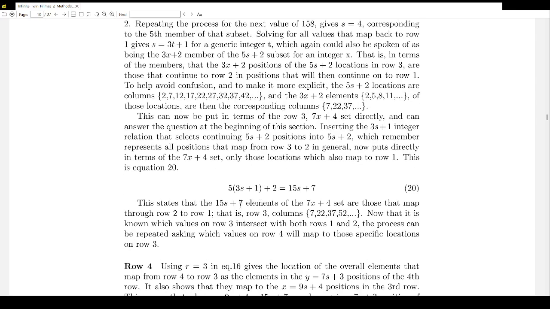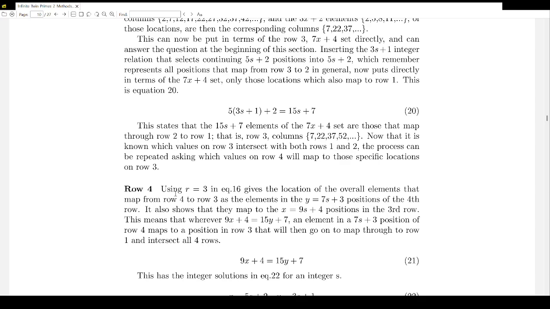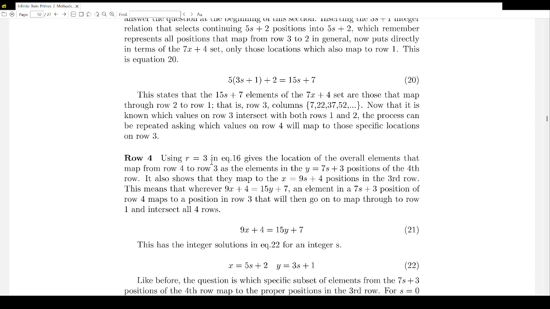So if you go through now, you'll see this pattern. For each row that we're trying to do next, we use the r that's the row before it, because we're going from 3 to 4. So we're using r equals 3 in this case, in that equation 16, our general form. Using r equals 3 in equation 16 gives the location of the overall elements that map from 4 to 3. So we're going to use r equals 3 to show which ones map from 4 to 3.